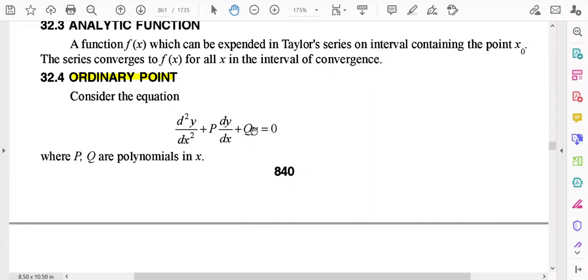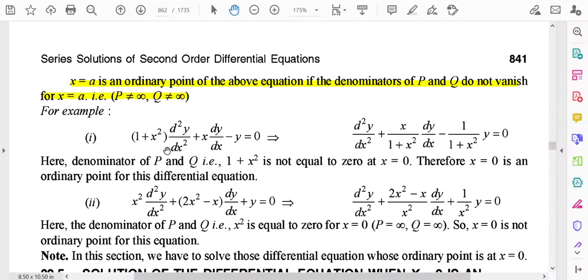We have to express any differential equation in this standard format. Here p and q are polynomials in x. After converting it to the standard format, the equation becomes d square y by dx square plus x by 1 plus x square dy by dx minus 1 by 1 plus x square y is equal to 0. So this one is p, and this one is q.